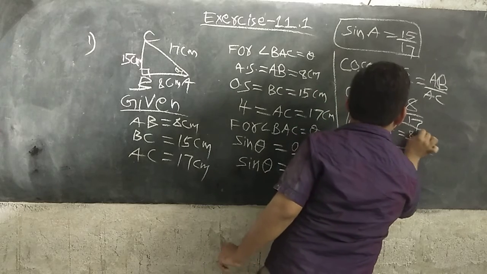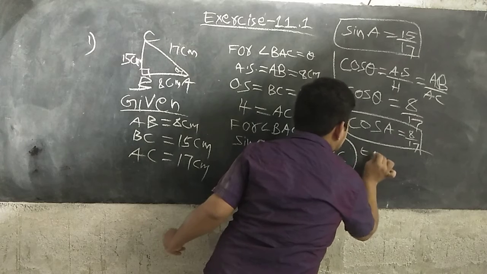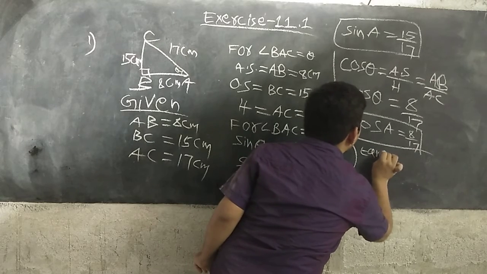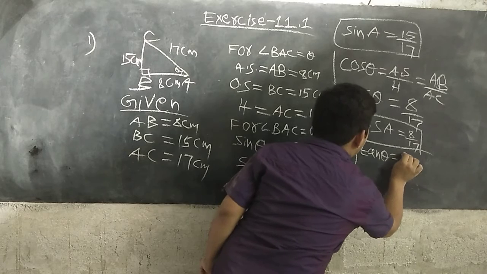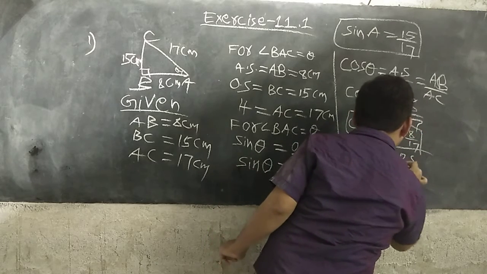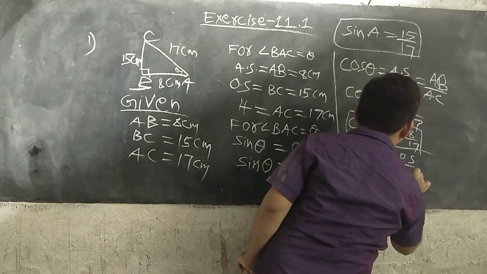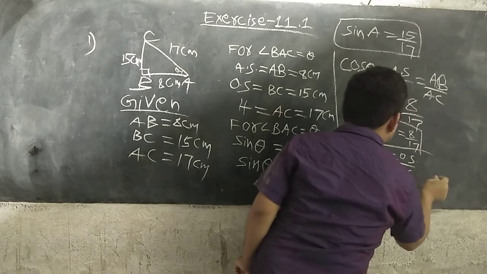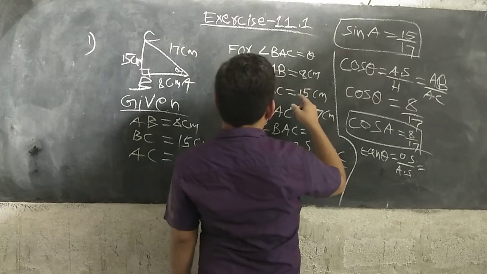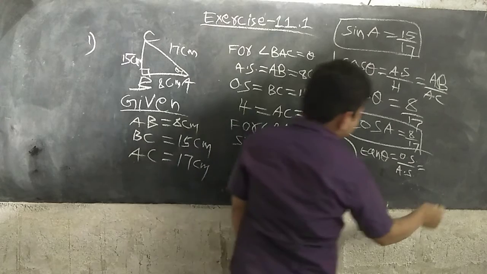Now tan A we have to find. Tan A equal to tan theta. Tan theta equal to opposite side by adjacent side. Opposite side is BC, adjacent side is AB, so BC by AB.